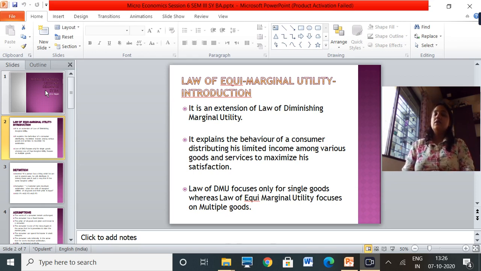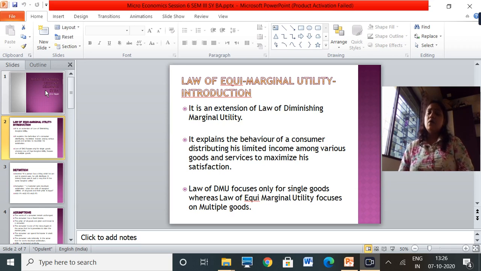So the consumer is spending on different goods, and considering these different goods at different prices, he is trying to achieve the maximum level of satisfaction. He is trying to get maximum utility from these products that he is buying. The law of DMU focuses on a single good.